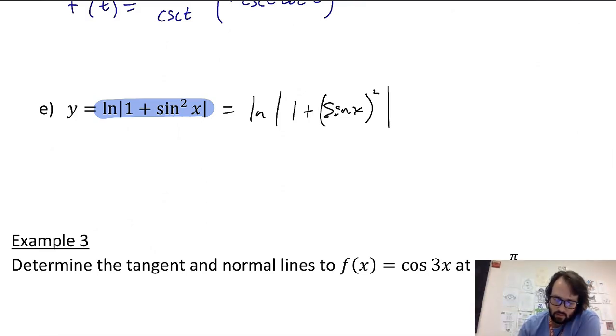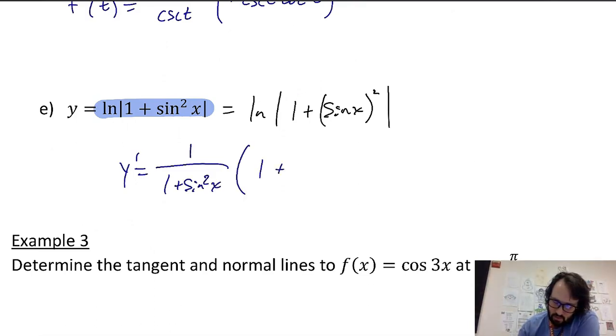So then I have y prime equals 1 over 1 plus sine squared times 1 plus 2 sine. Right, that's using the chain rule times cosine.